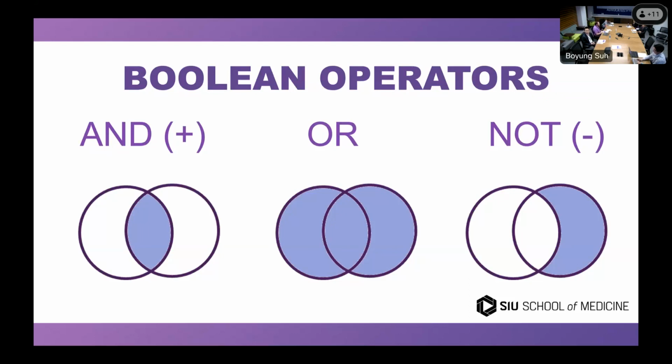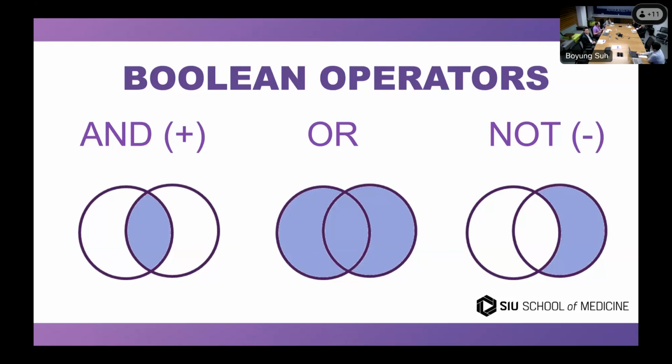OR means we want medical students and feedback, but within that feedback arm, as we call it, we want feedback or reviews or evaluations of the students. So in that case, we want medical students and feedback or evaluation.